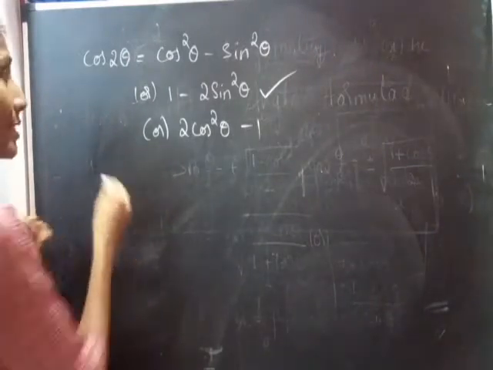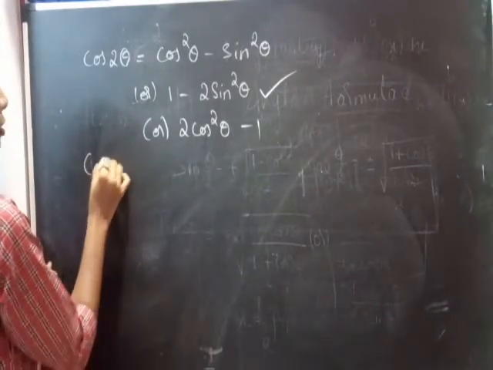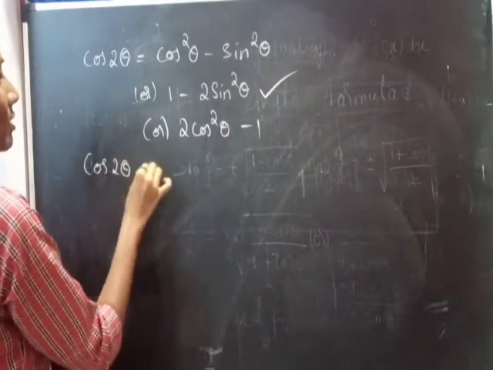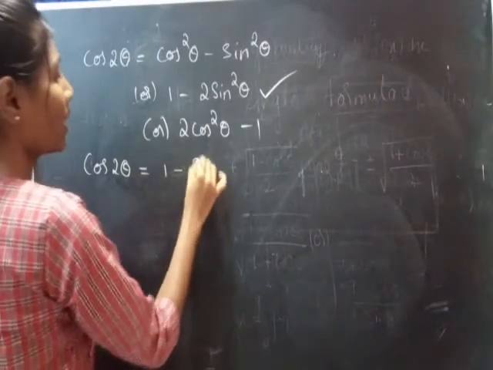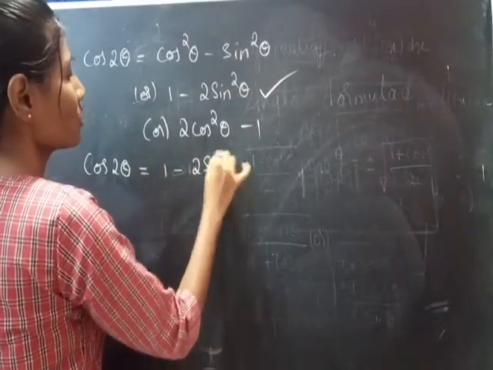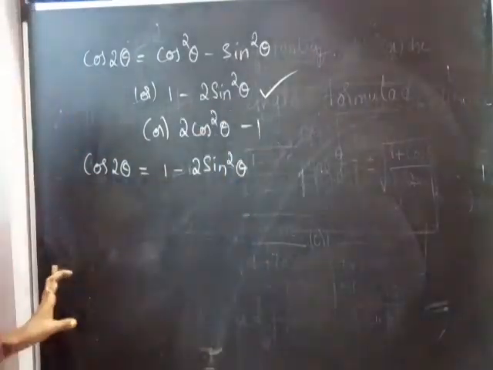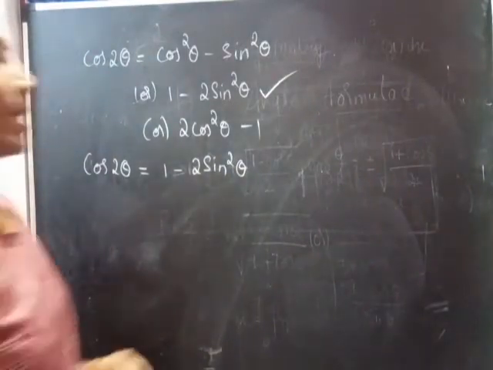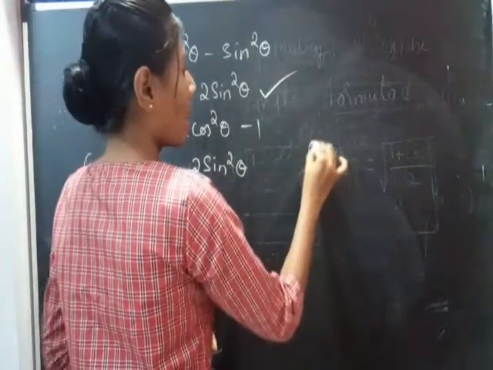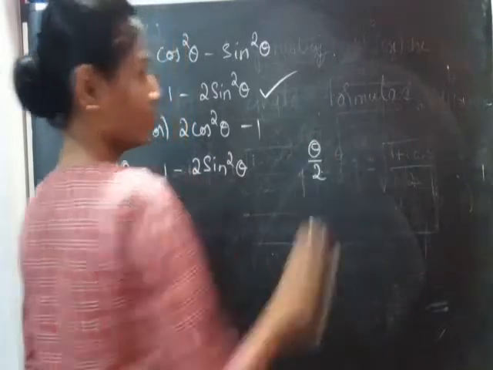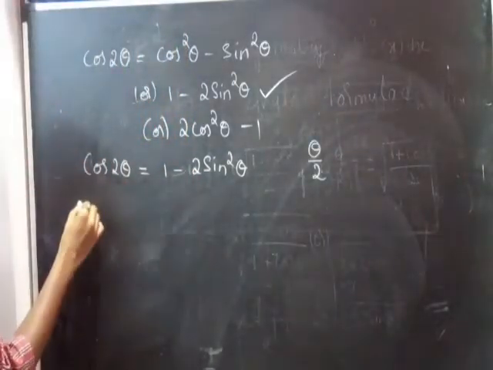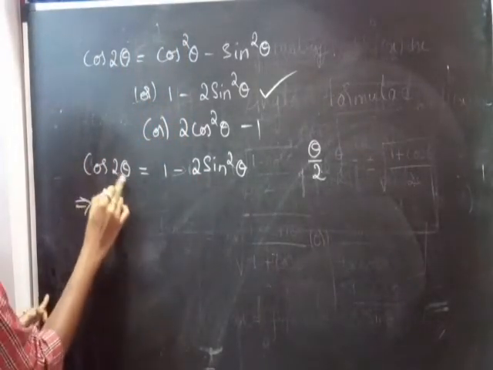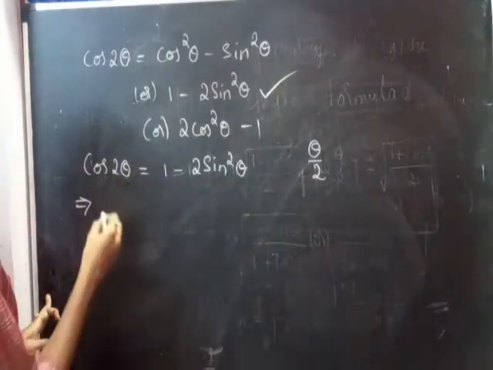So let's consider cos 2 theta is equal to 1 minus 2 sine square theta. Okay. Half angle is nothing but theta by 2. So now replace theta with theta by 2.